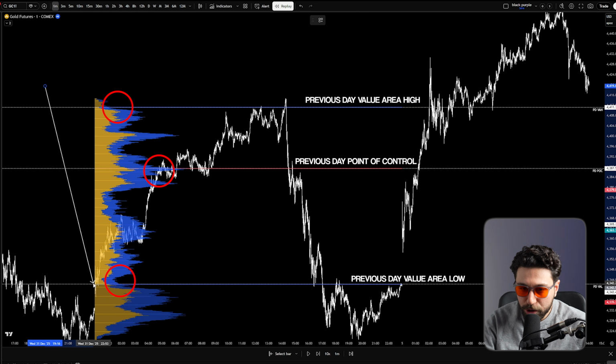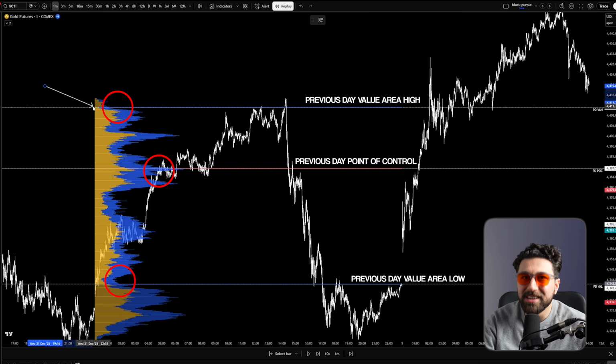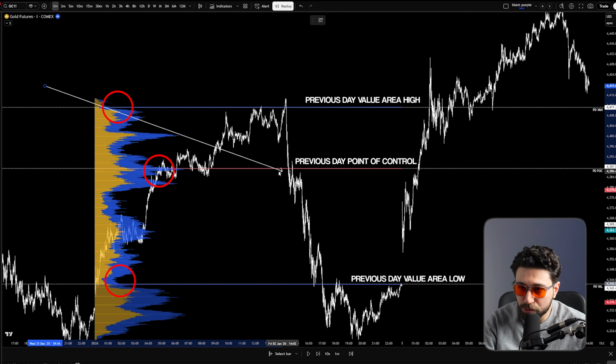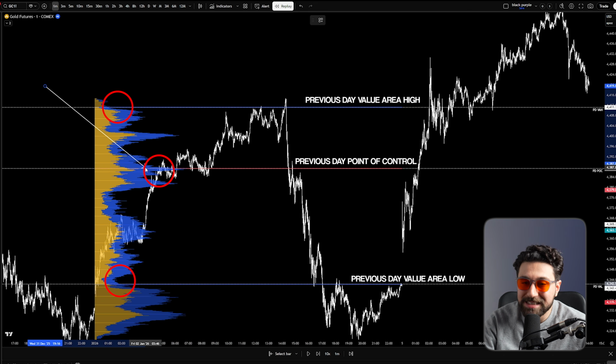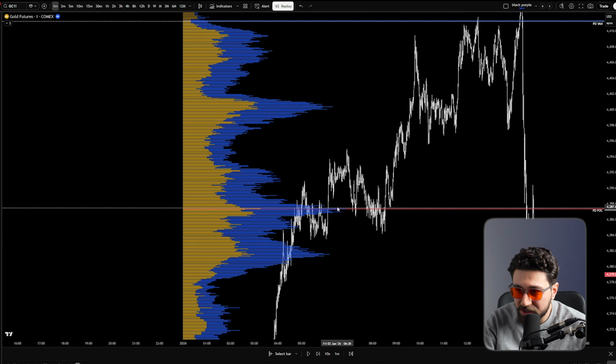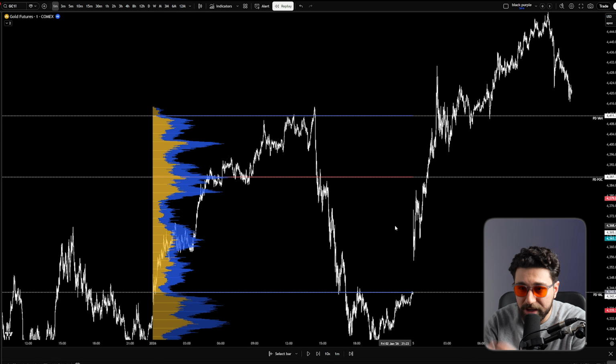The value area low and the high represent the extremes of this range. And the point of control, this red line, shows the exact price point with the most amount of volume transacted. If I zoom in, you will see exactly that right here the volume shown is the highest on this price point. So now we are ready to take a look at the current day's price action.